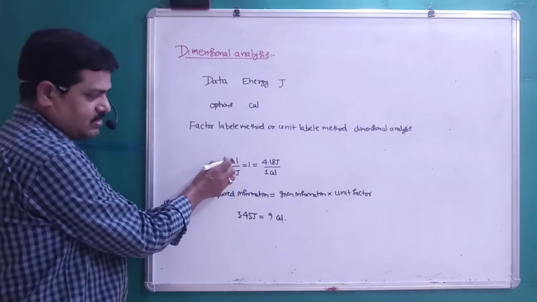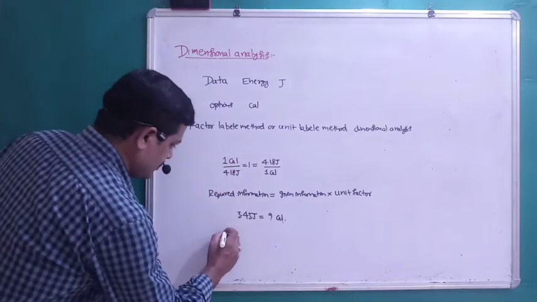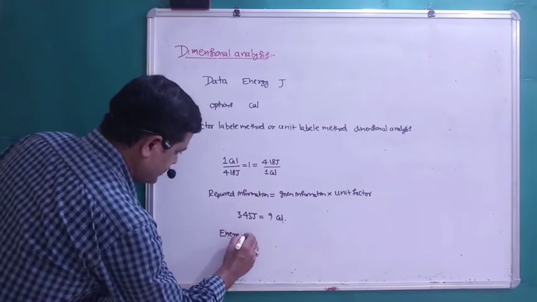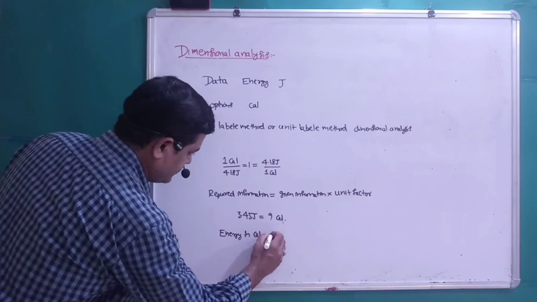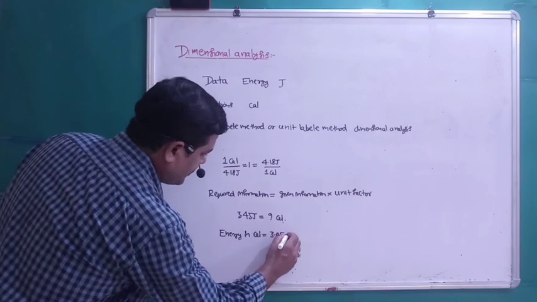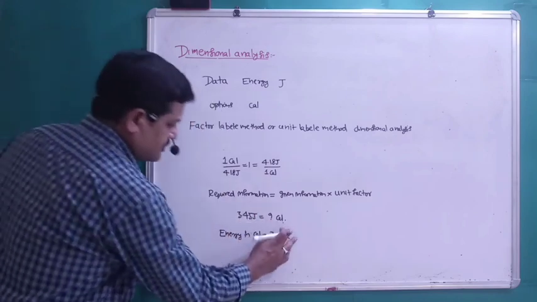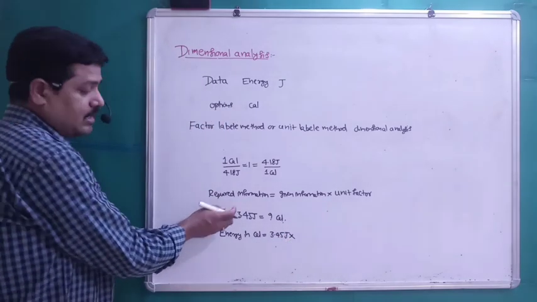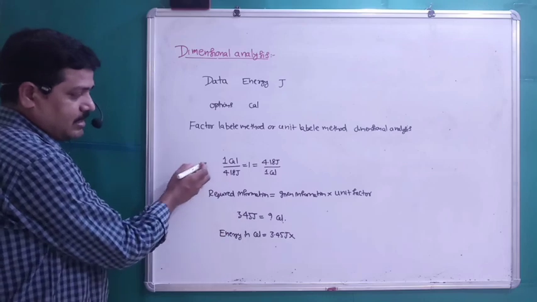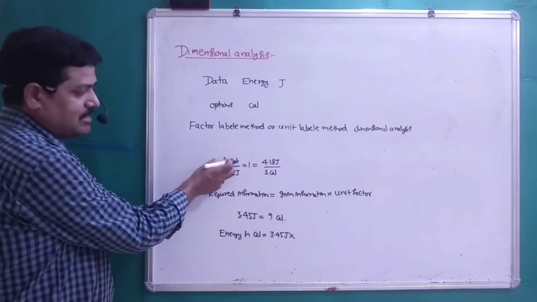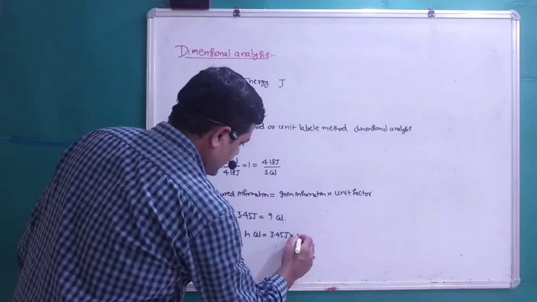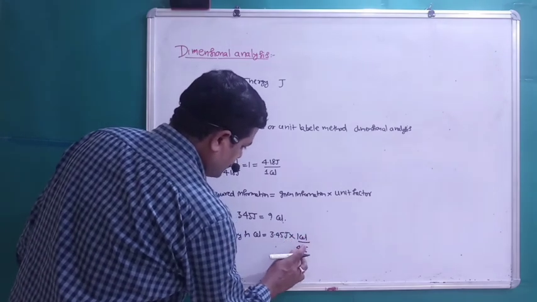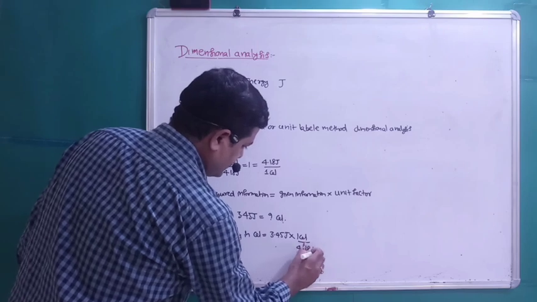So the energy in calories is equal to 3.45 joules multiplied by 1 calorie divided by 4.18 joules.